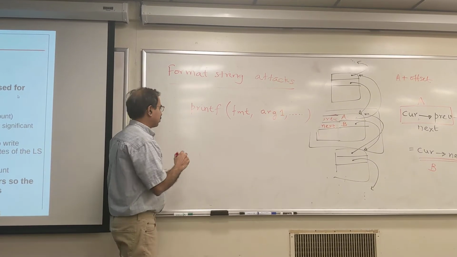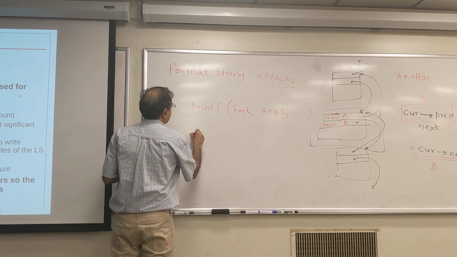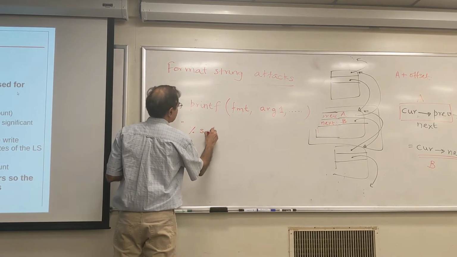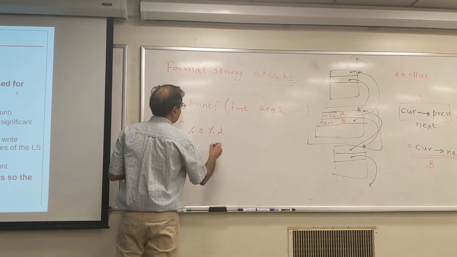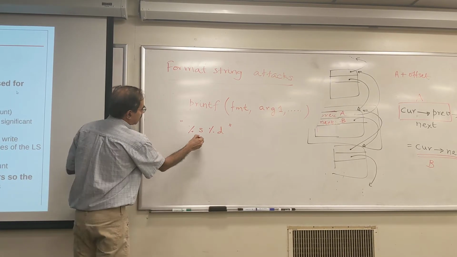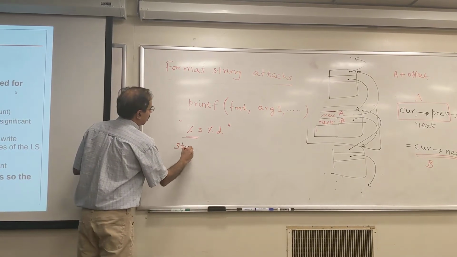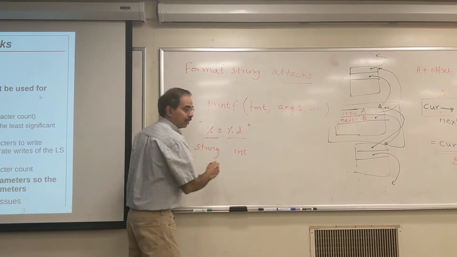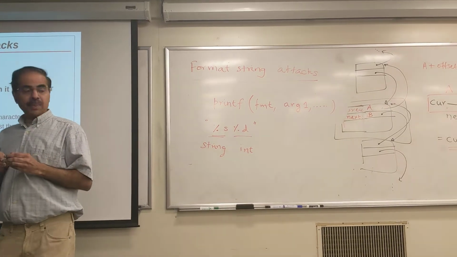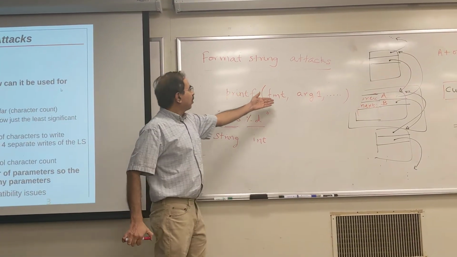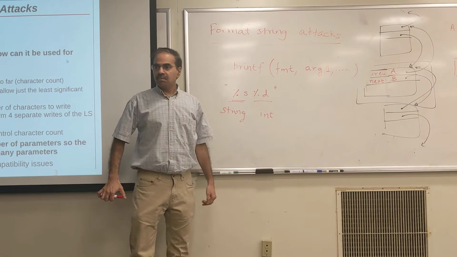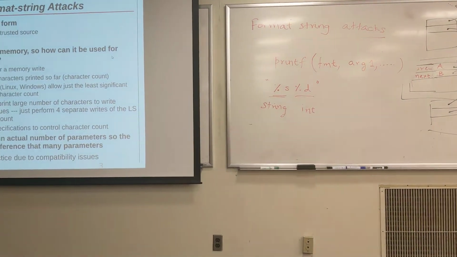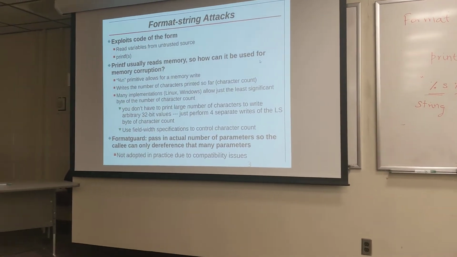Okay, so the format string can say, for instance, %s %d. So this is a string argument. This is an int argument. So depending upon what the format says, you can have any number of arguments passed to printf.